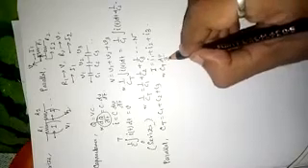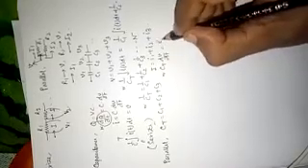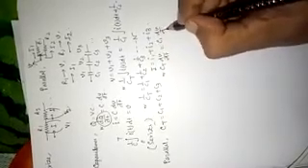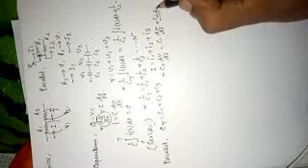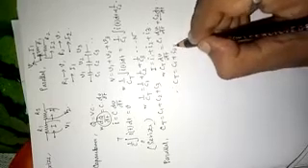Henceforth you can write Ct dV/dt, because of the same voltage, equals to C1 dV/dt plus C2 dV/dt, etc. Therefore Ct equals to C1 plus C2 plus C3.